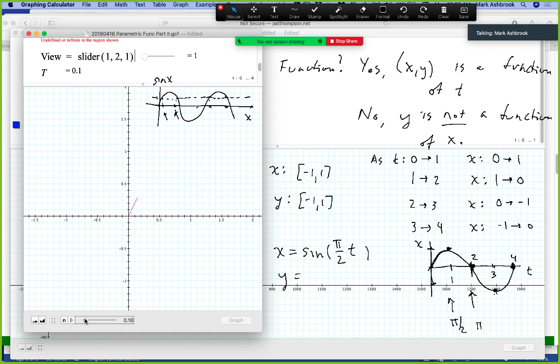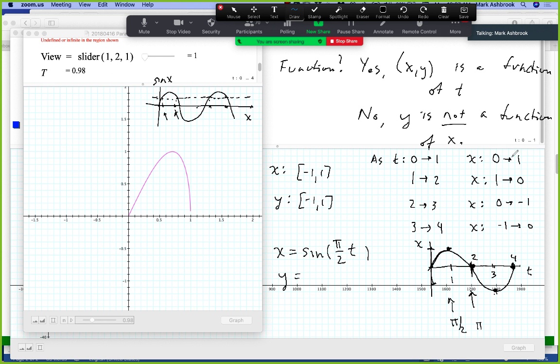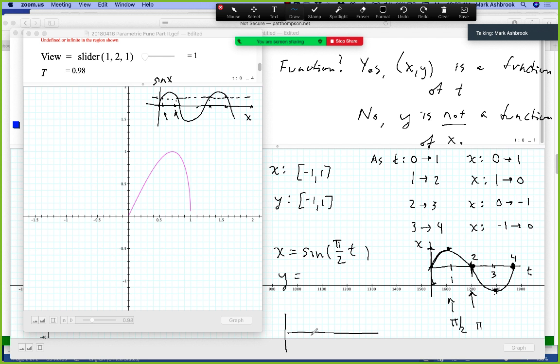Watch what happens. What did y do? It went from 0 to 1 and back to 0. So let's just do the graph. When t went from 0 to 1, y went up to 1 and back to 0.